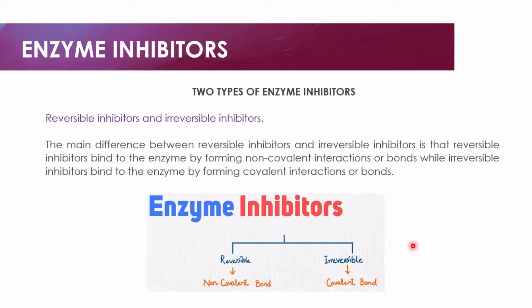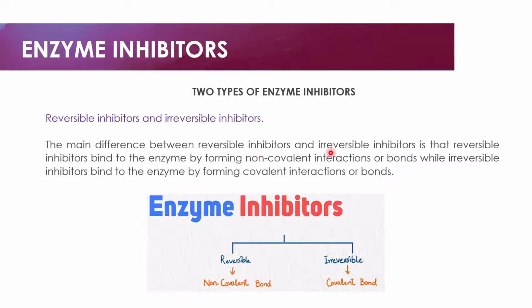Types of inhibitors. We have two types of enzyme inhibitors, and these are reversible inhibitors and irreversible inhibitors.